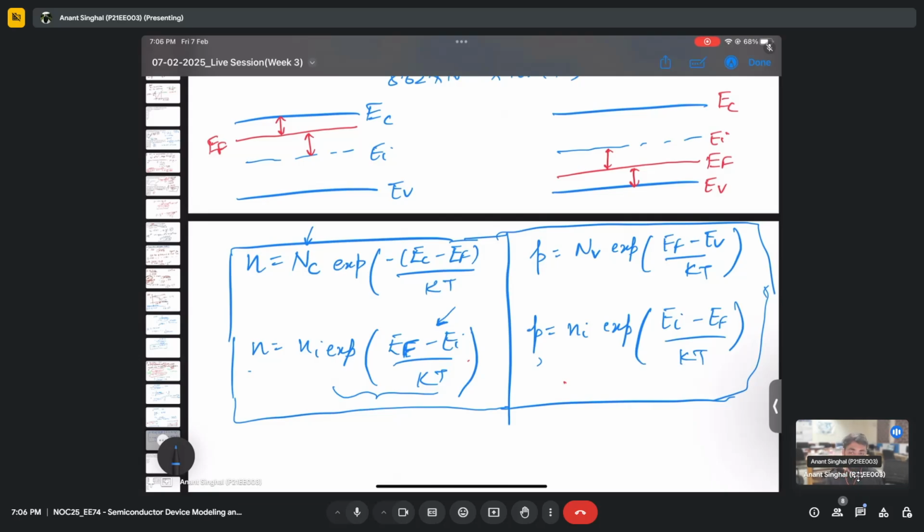NC is the effective density of states. Have you read about the density of states? No, there is no video lecture of this, it has not been covered in the course this week. Oh, that is the case.